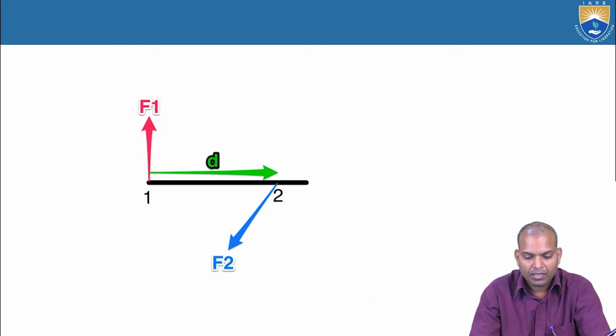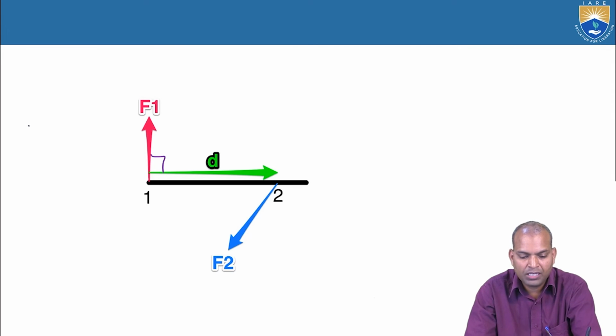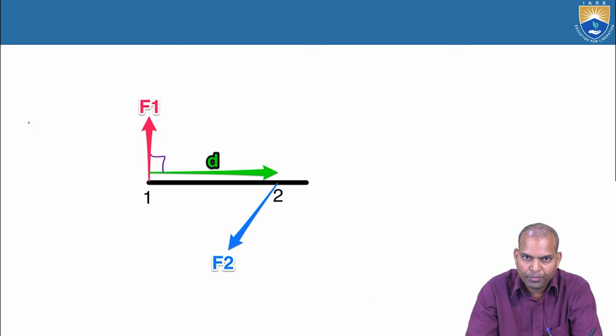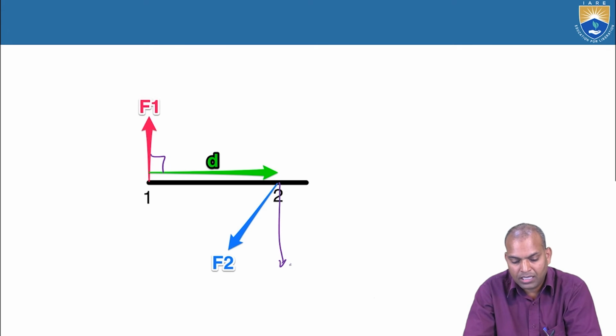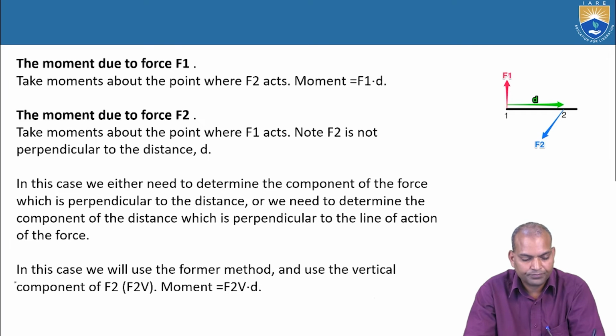Now, this is the figure we have studied already. Once again, we need the concept of F2 times the distance D. The angle between F1 and D should be 90 degrees. That's why F1 times D is one of the component moments, and F2 sin theta times D. This F2 sin theta is nothing but F2V, F2's vertical component.